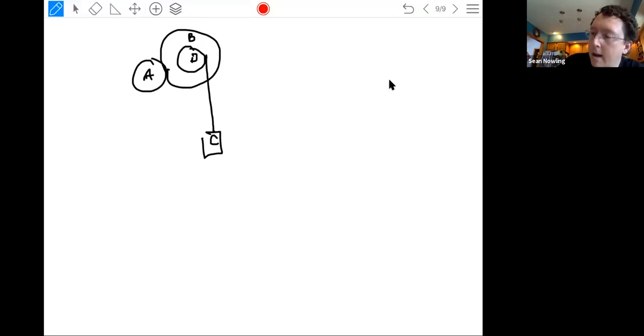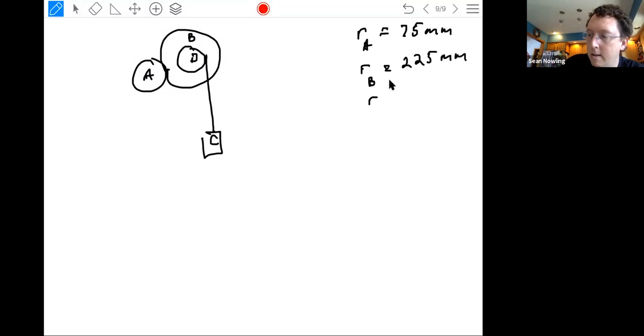Very good. Now, I have various numbers here. So I know that the radius of A equals 75 millimeters. The radius of B equals 225 millimeters. And the radius of D equals 125 millimeters.